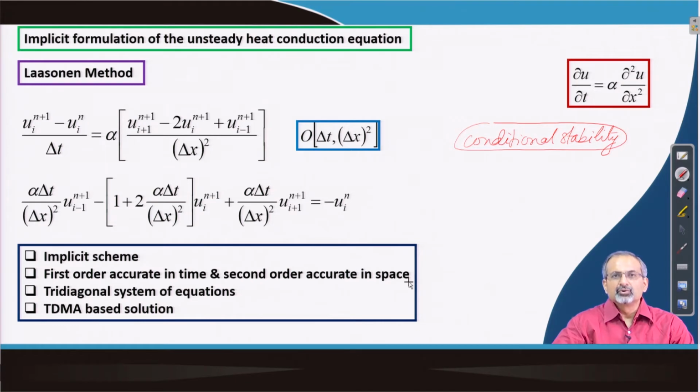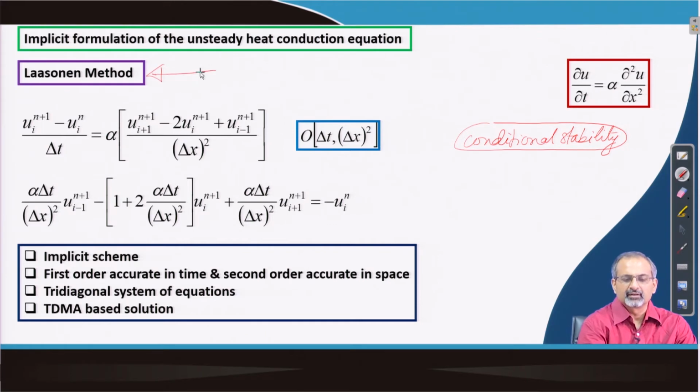So, we are interested to know that if we switch from explicit schemes to implicit schemes or implicit formulations, whether that would have any impact on stability. In order to do a test of that kind, we introduce a method which is called the Laasonen method. When we say a method, we also often refer to it as a scheme. So, the words method, scheme, these need to be interpreted in a very synonymous manner.